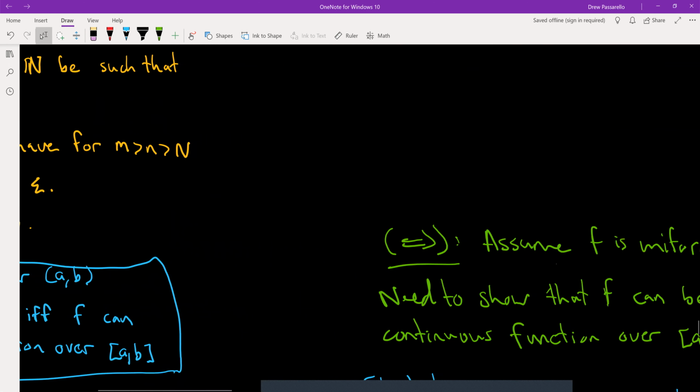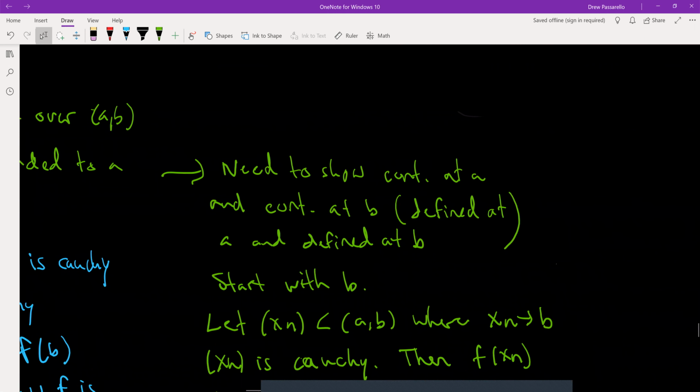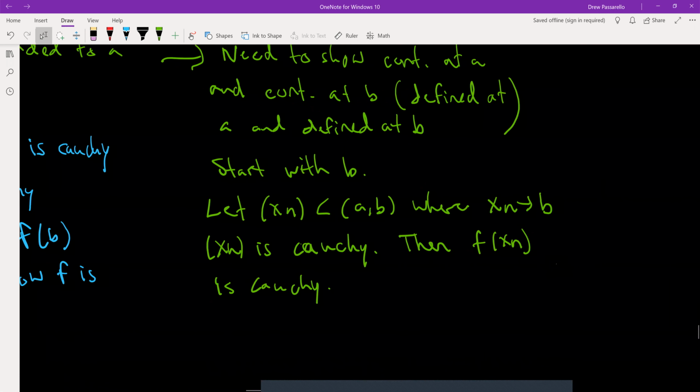Let me go back to the proof. So f of xn converges, let's say it converges to the value L, since Cauchy sequences converge.